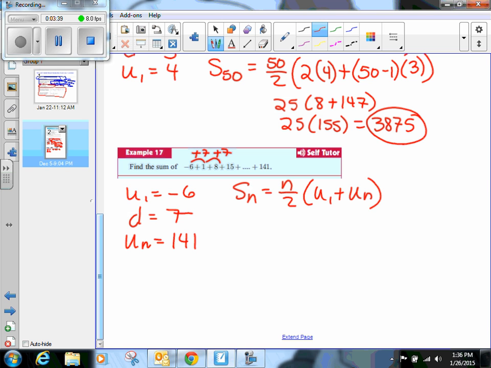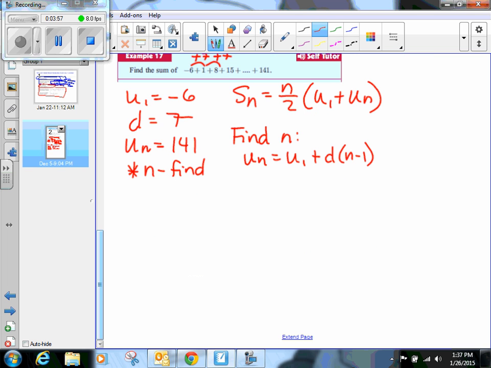Now the only problem with this is that we don't have n. So we need to find n before we can apply the formula. To find n, we're going to use some of the information we already have. We have u sub n equals u1 plus the common difference times n minus 1, which is our general form for arithmetic.